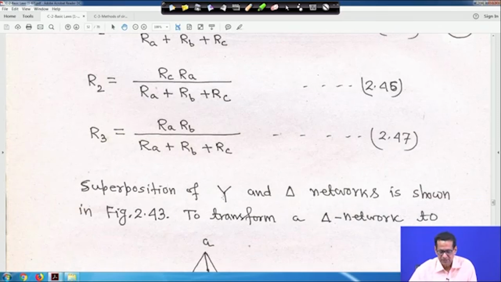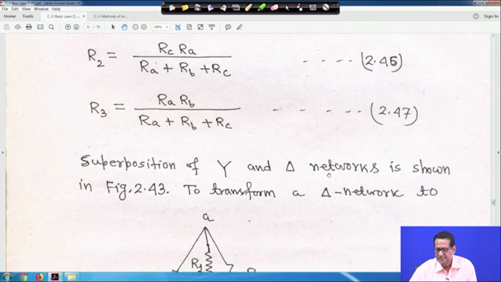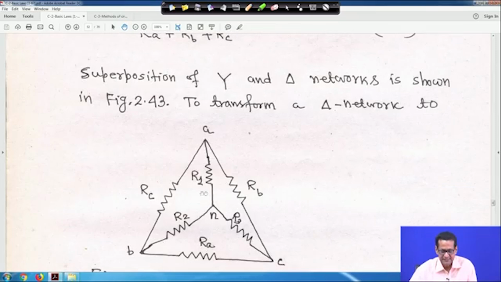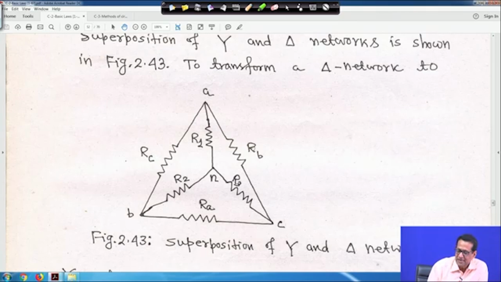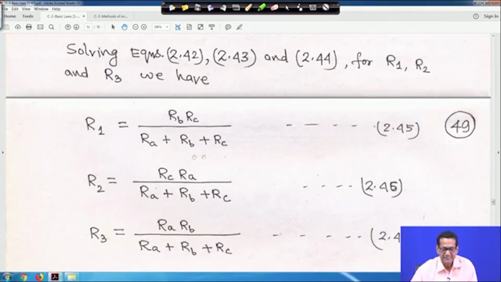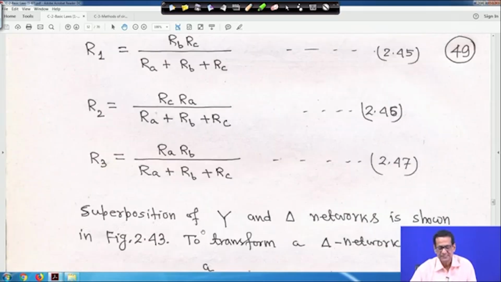Now, the superposition of the Y and delta network is shown in the figure. R1 is the product of the adjacent branch RB RC by RA plus RB plus RC. Similarly, R2 is RA RC by RA plus RB plus RC, and R3 is RA RB divided by RA plus RB plus RC, as written in 45, 46 and 47, easy to remember.